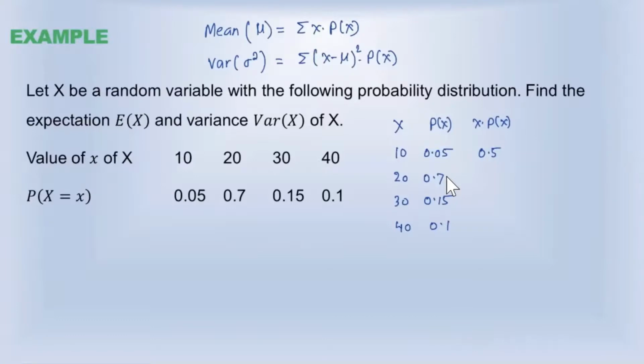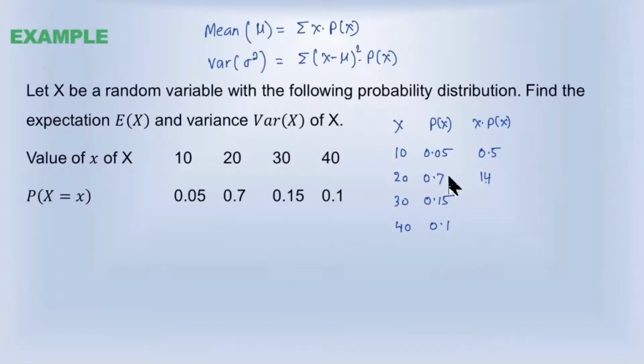And then what is 20 times 0.7? 1.4 or 14, or what is it? Please multiply one more time.